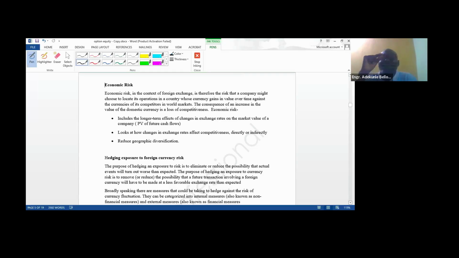It can also affect the international competitiveness of a company within a country. Economic risk can affect the ability of a company to compete internationally.